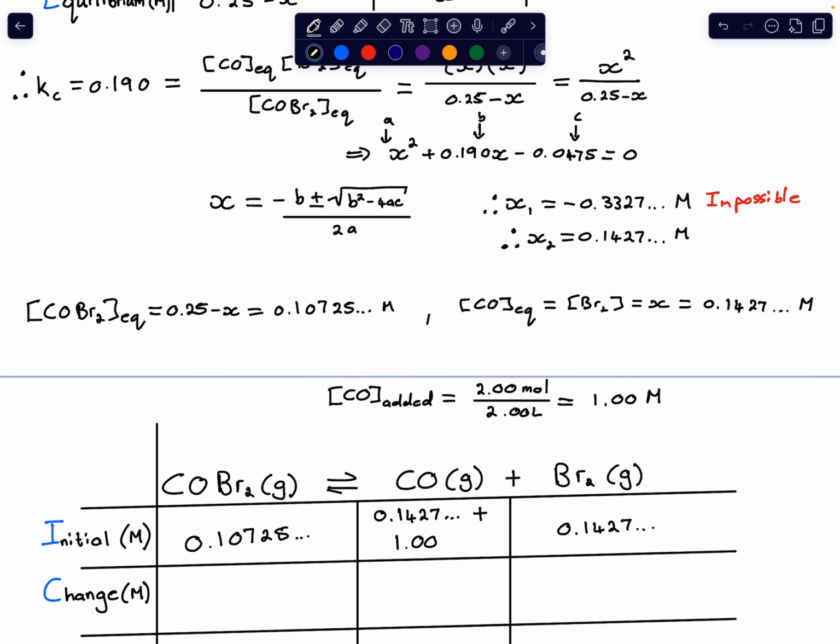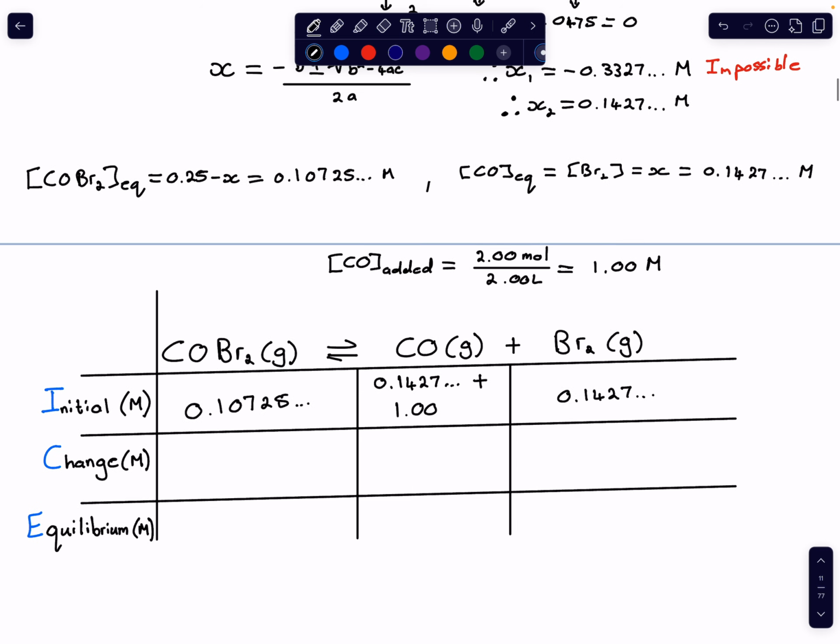Plus 1. Initial values, you can split it up into multiple steps. You can put them into one table. I'm just showing different variations that you can use as long as it's some sort of logical thing that you illustrate.